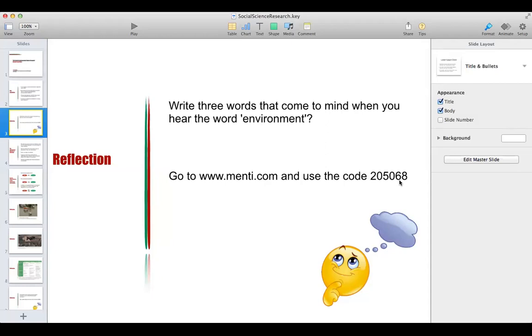So kapag nakakarinig kayo ng salitang environment, ano yung 3 words or 3 phrases that you would normally associate to environment? Okay? So nandun na ba kayo sa menti.com? So again, go to www.menti.com at kapag nandun na kayo, use the code 205068. Tingnan natin. I'll just share a new slide.